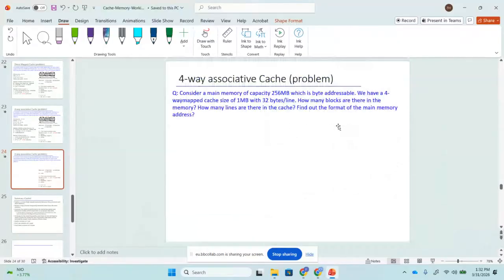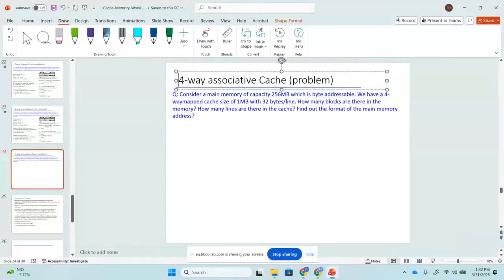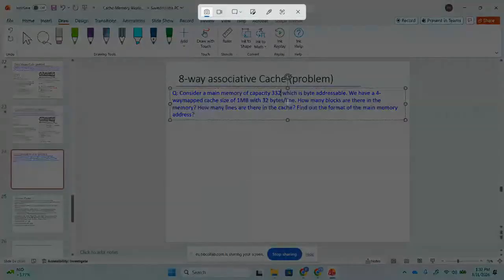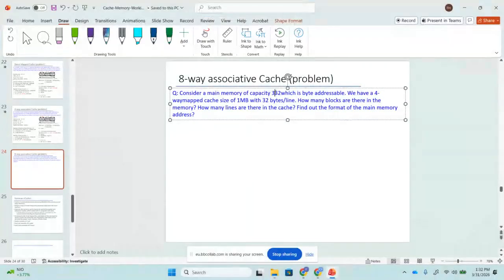So now solve another question. Let's assume we have an 8-way associative cache, and let's assume the size of the main memory is 32 gigabyte.